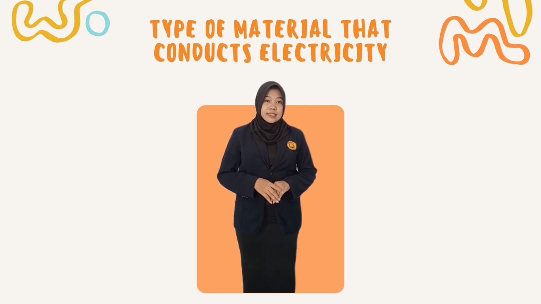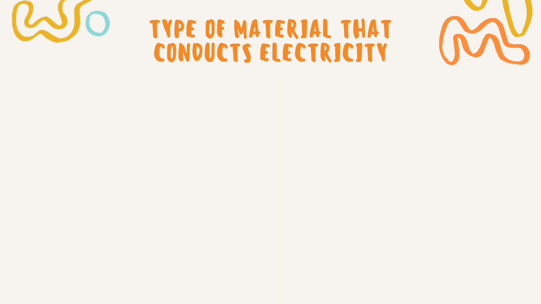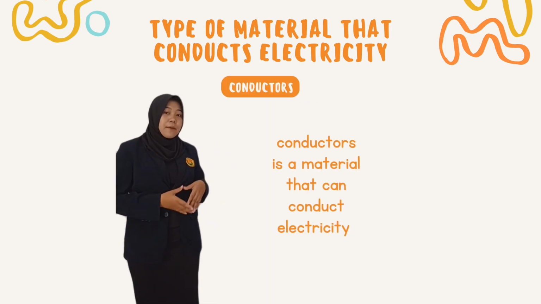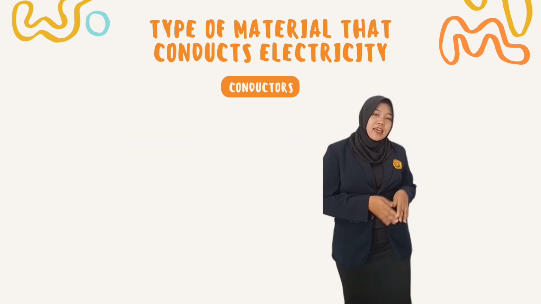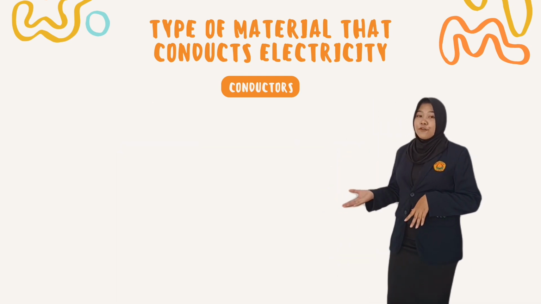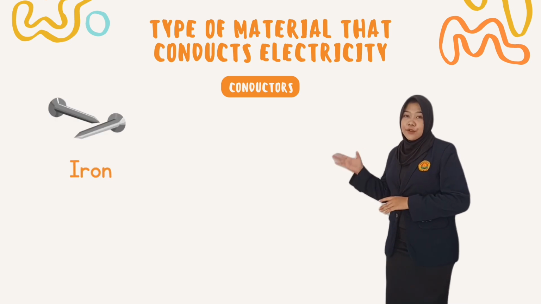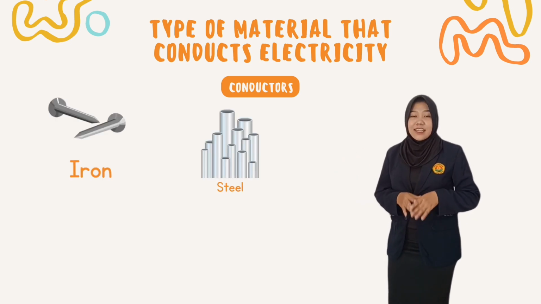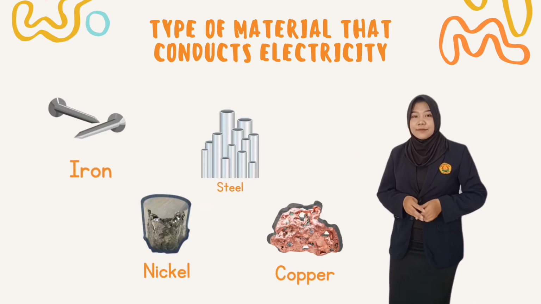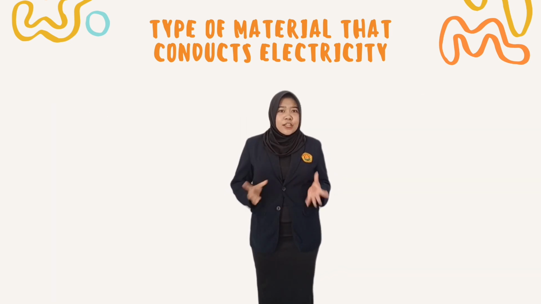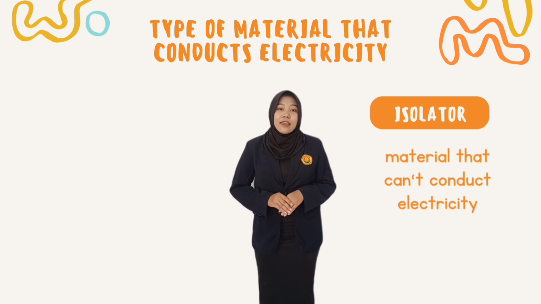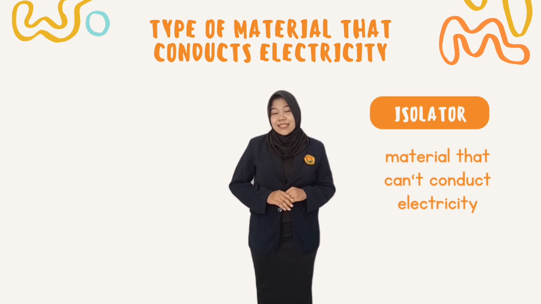The first is conductors. Conductors are materials that can conduct electricity. Examples of conductors are iron, steel, nickel, and copper. The second is insulators. An insulator is a material that cannot conduct electricity.